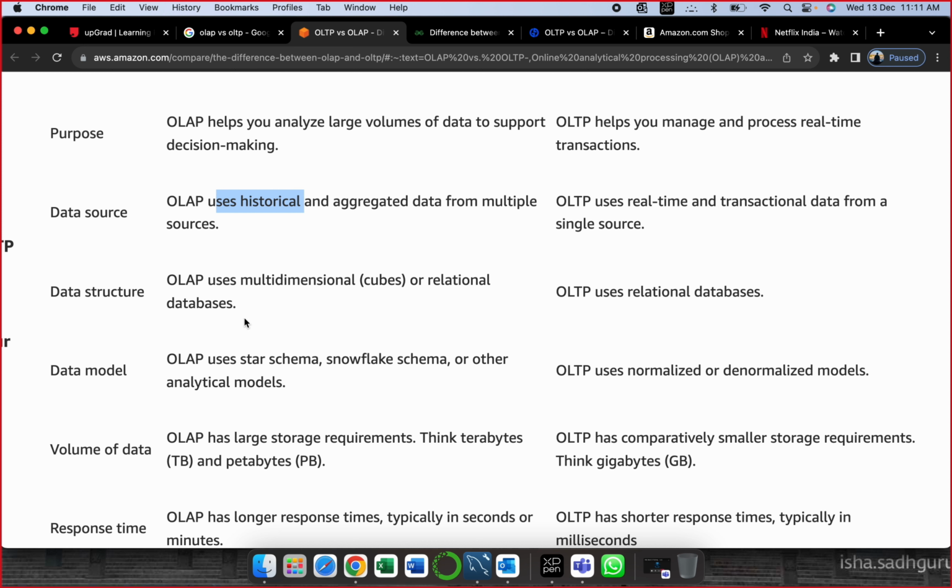Now, OLAP uses a multi-dimensional relational database. What is a multi-dimensional database? Relational database, I have already told you, is a database that has rows and columns in it. Now, a relational database having multiple relational databases. See, when I'm saying historical data, every database has a limit to store a certain amount of data.